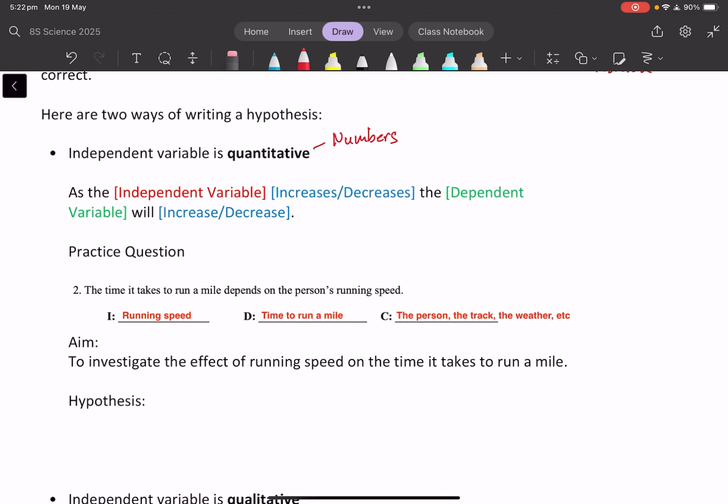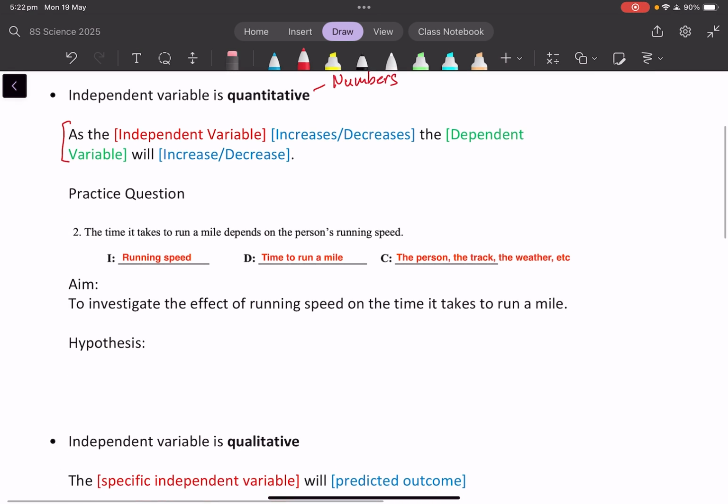Anything that involves numbers is quantitative. So if your independent variable is quantitative, then you would use this formula: as the independent variable increases or decreases, the dependent variable will increase or decrease. You just choose and insert the correct parts into that formula.